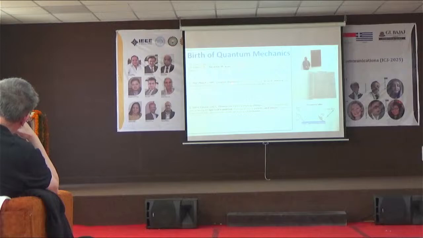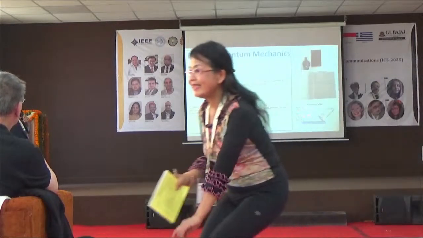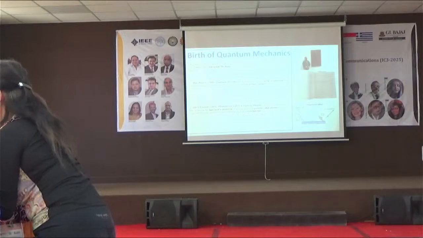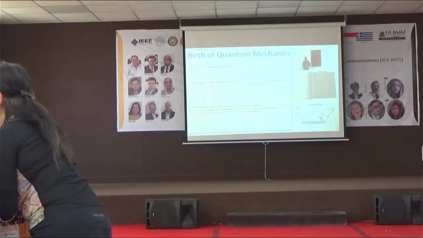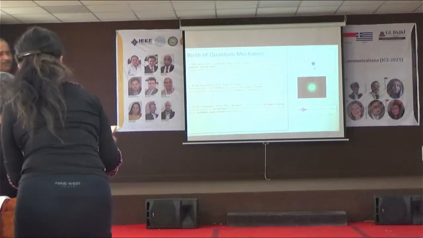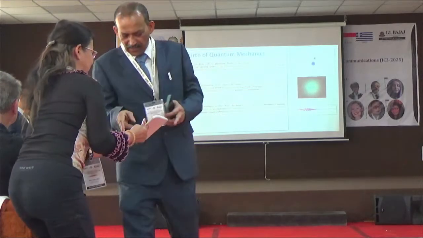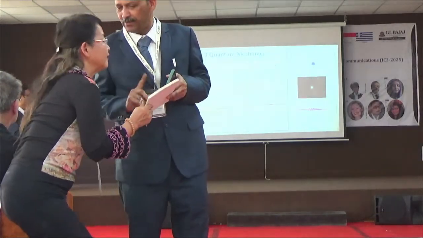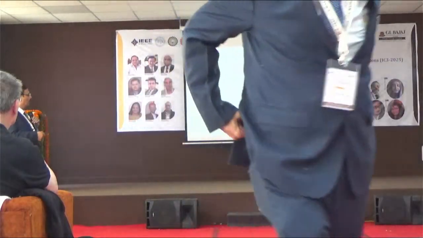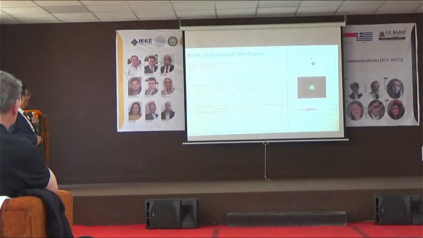Next came Albert Einstein, who said that there is a minimum threshold energy required for the electron to be emitted from the metal surface. Then came Niels Bohr, who gave the quantum model regarding the absorption of the photon and the emission of an electron from the orbit.